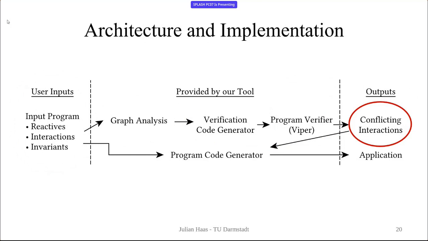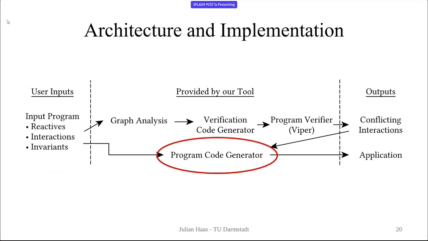Okay, and then what Viper gives us is it can tell us which kinds of conflicts can happen in the application. It first tells us which interactions could invalidate an invariant when run locally, but it also tells us if it finds two conflicting interactions which should not be run concurrently. And in this case, we use this information in the program code generator, where we put in our DSL and all the conflict information, and then we can synthesize a program which automatically coordinates all the interactions that are conflicting.